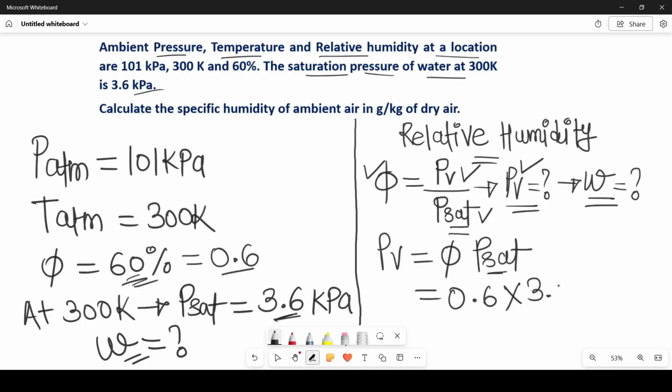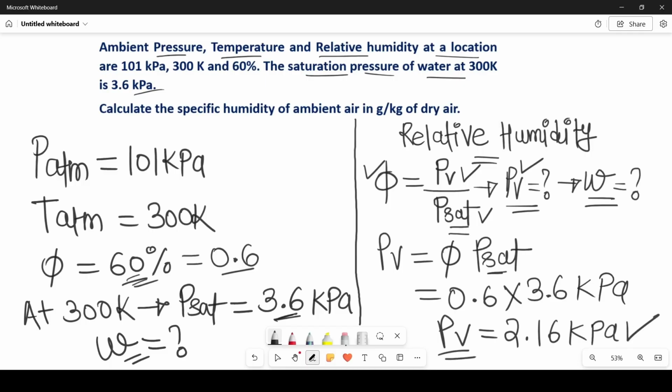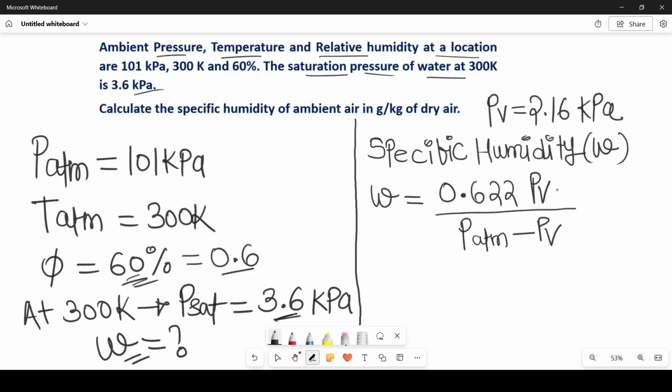So 0.6 multiplied by 3.6 kilopascal gives PV equal to 2.16 kilopascal. So the partial pressure of water vapor is 2.16 kilopascal.